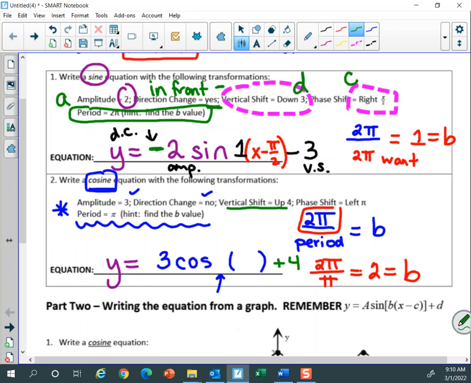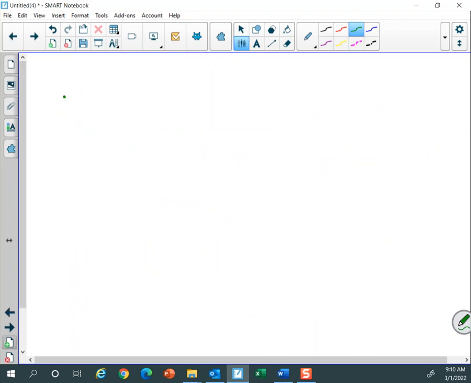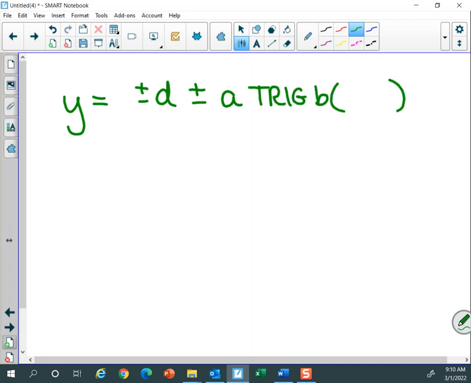Another alternate for that, and some textbooks write it this way, is they'll put the vertical shift in the front, so you might see it as plus or minus D plus or minus A trig B, X plus or minus C. So if you ever run into a textbook or take a pre-calc in college and they have that, the vertical shift can go in the front as well. Instead of sticking it out back, it sticks it up here.